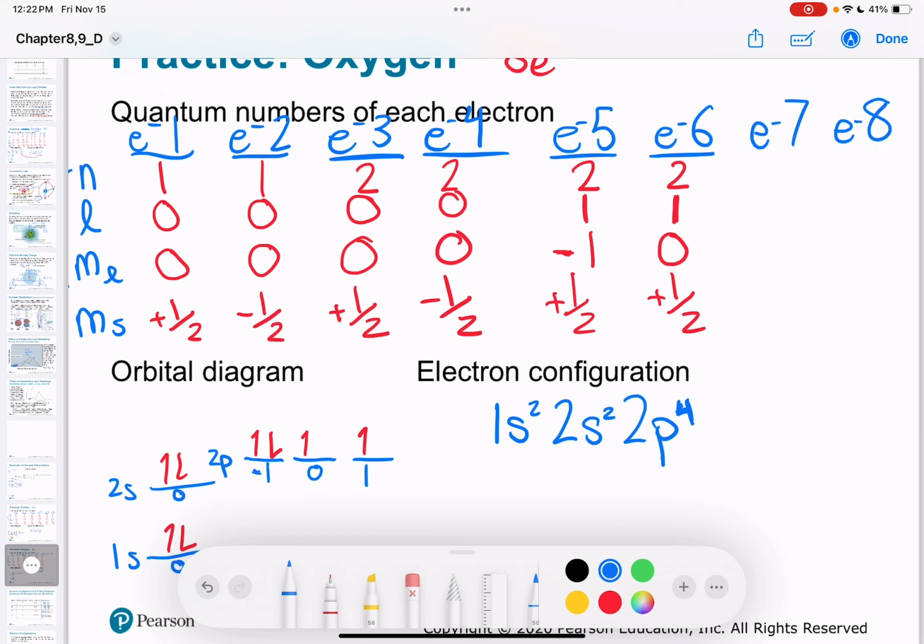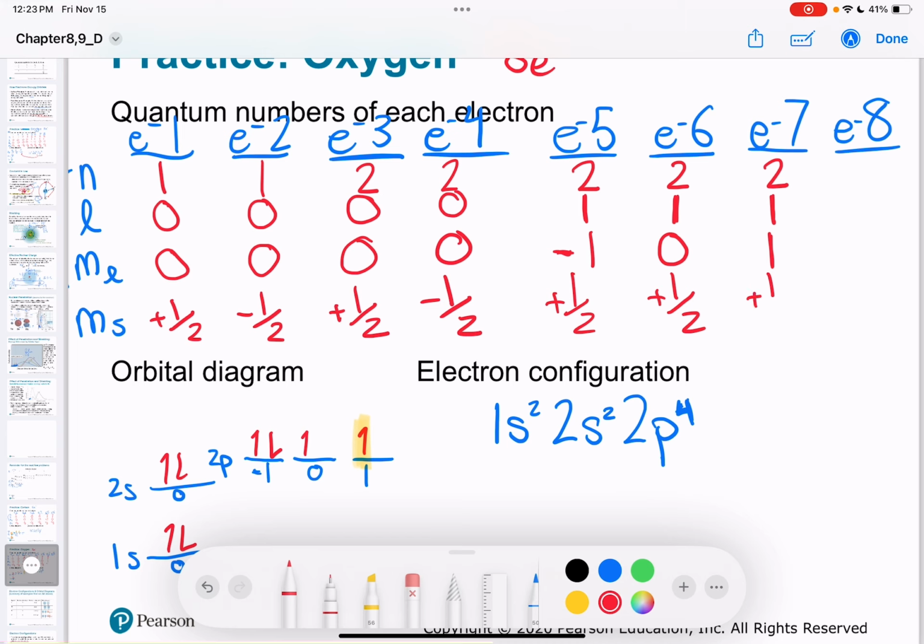And then finally, for the quantum numbers, so now we're doing this electron first for number 7. So n equals 2, L equals 1, m sub L, it's now in the 1 orbital. The m sub L equals 1.